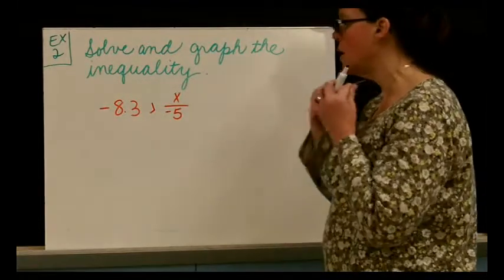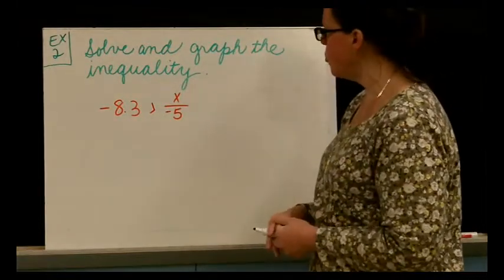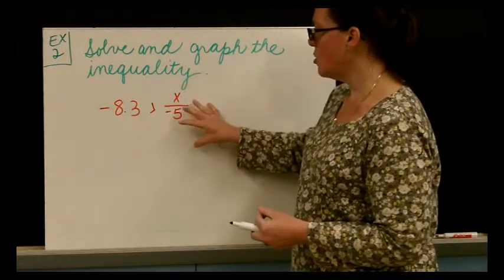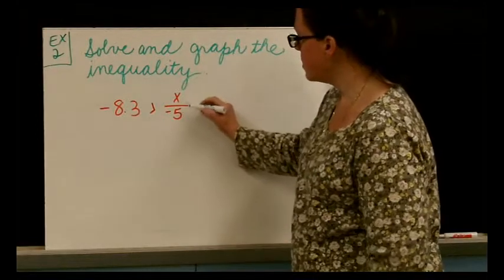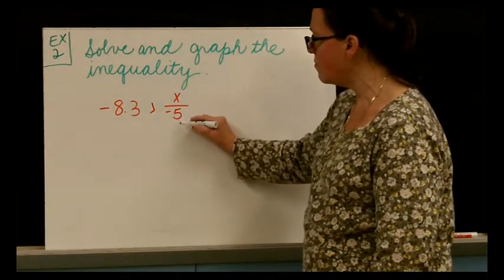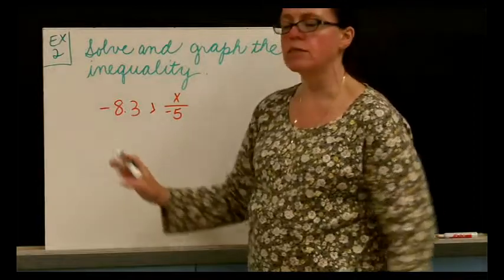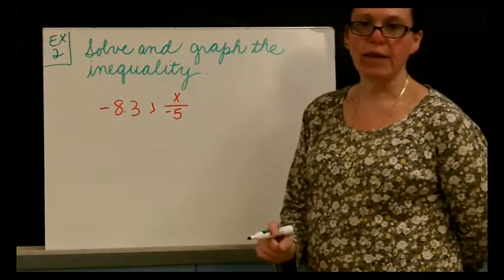Now, if you think back to when we learned how to use multiplication to undo division, that's what we're going to do here. Since the x is being divided by negative 5, we need to multiply both sides by negative 5 to get the x by itself.